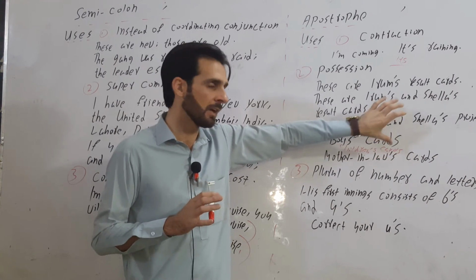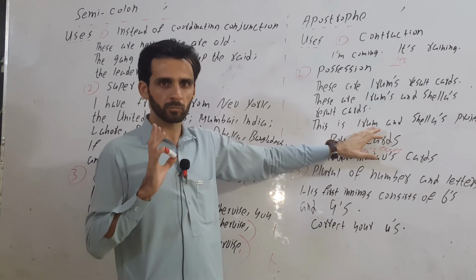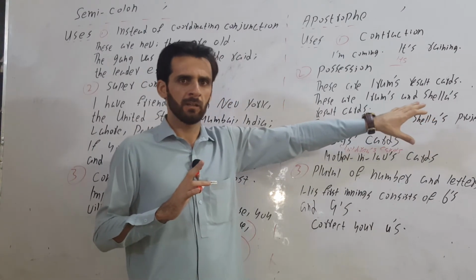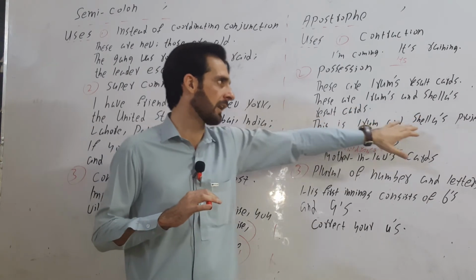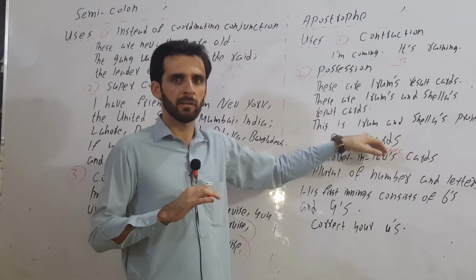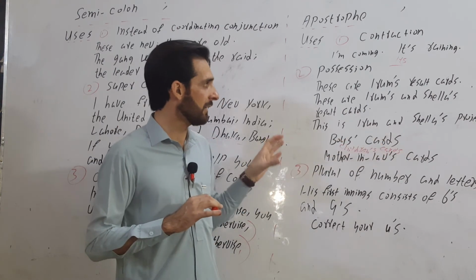They both share a single project. Therefore, when we have such construction that two nouns share a single thing, a single entity, we will use the apostrophe after the last noun, just like here, not after the first noun.